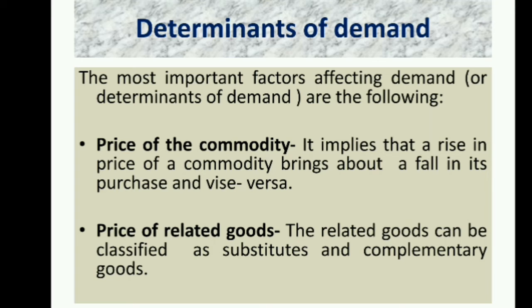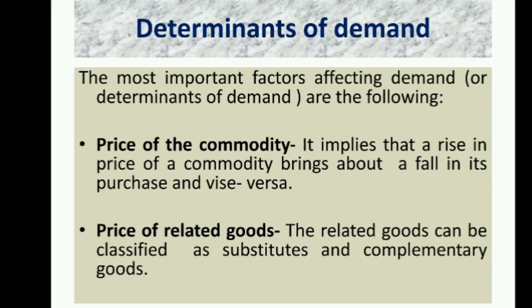Okay, second determinant, price of related goods. Price of the same good is important, but the next determinant is price of related goods. So what do you understand by related goods?